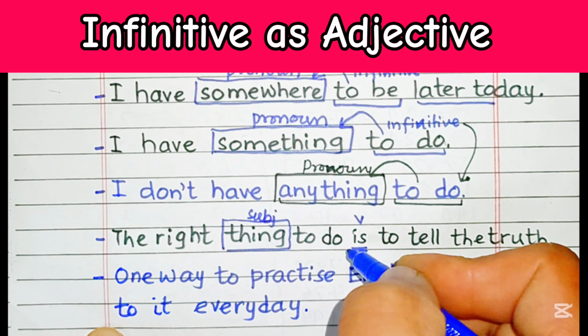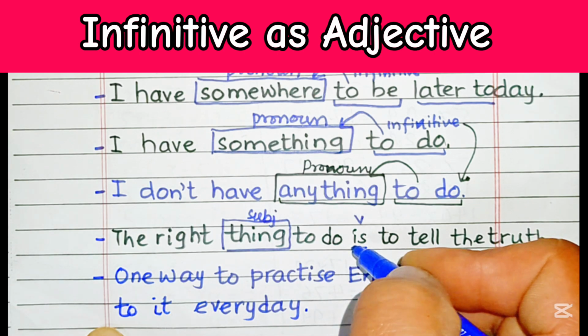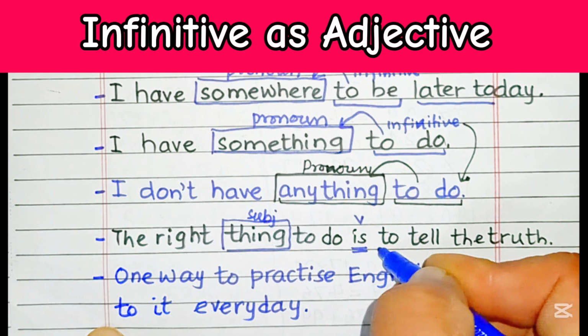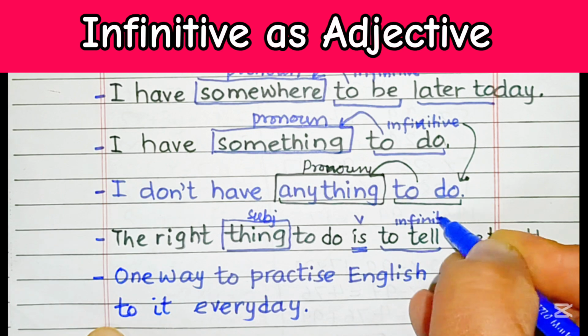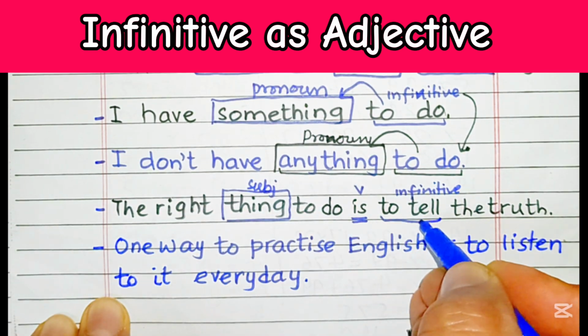It's a verb be. We know this is a verb be, and it's followed by an infinitive, to tell. The right thing to do is to tell the truth.